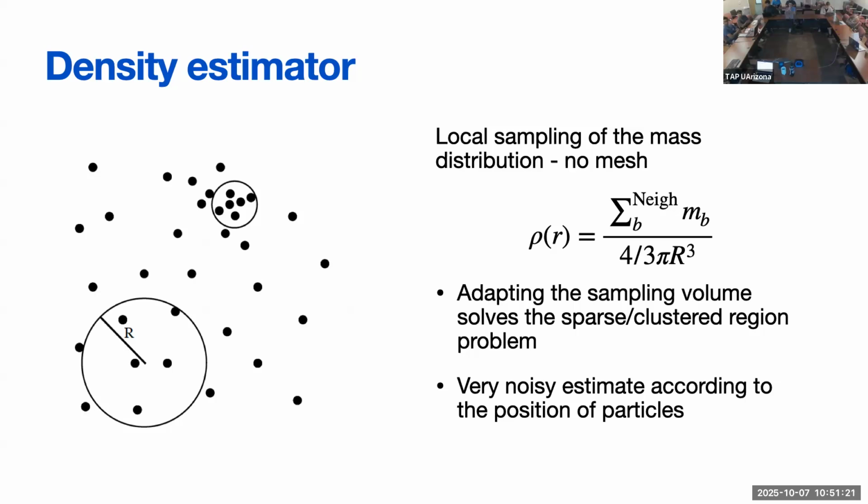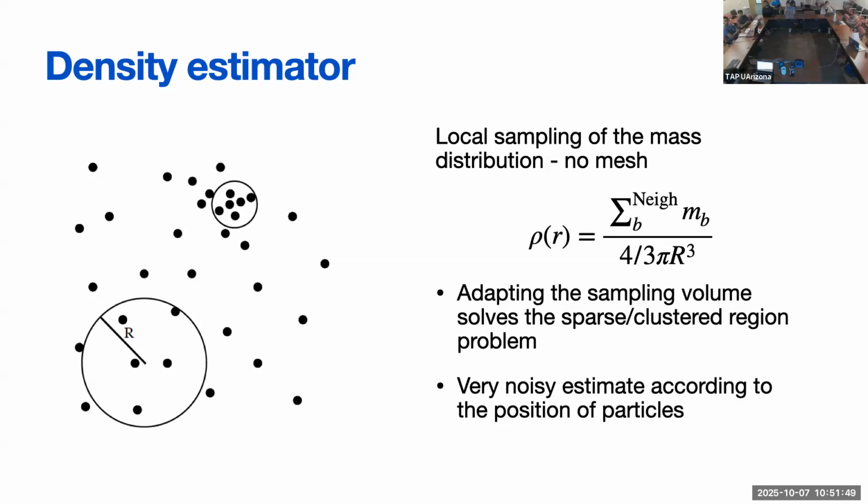The density is then just the sum of the particle masses inside the sphere over the volume of the sphere. This is better than before because it can be adapted to better resolve sparse or dense regions in the domain. However, this method turns out to be very noisy, because if a particle is right inside or outside of the sphere, the density estimate can change drastically.